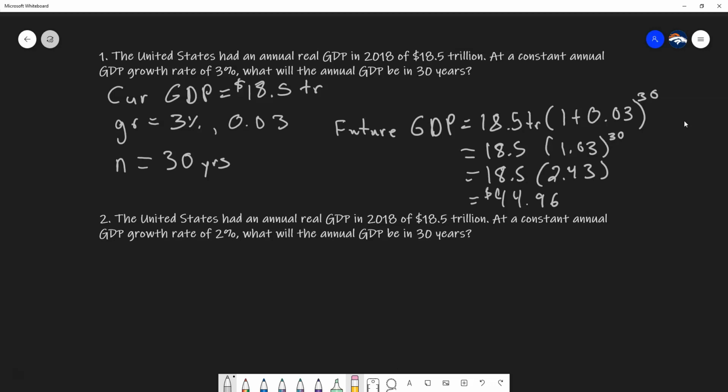So $44 trillion, almost $45 trillion in future GDP, I should say.